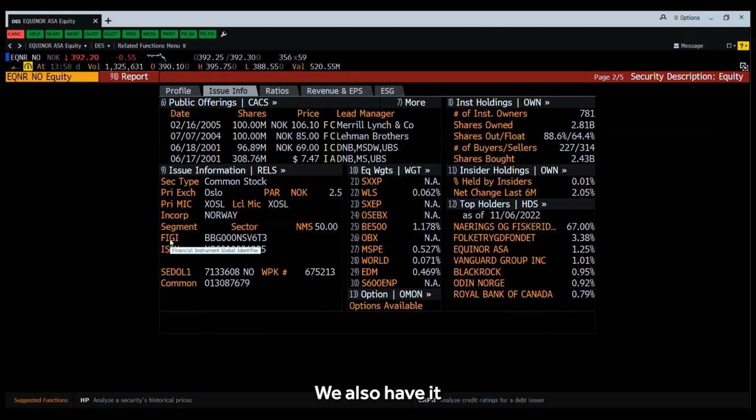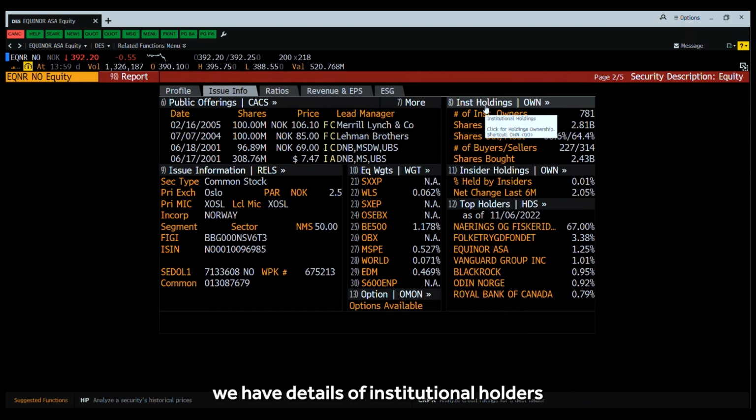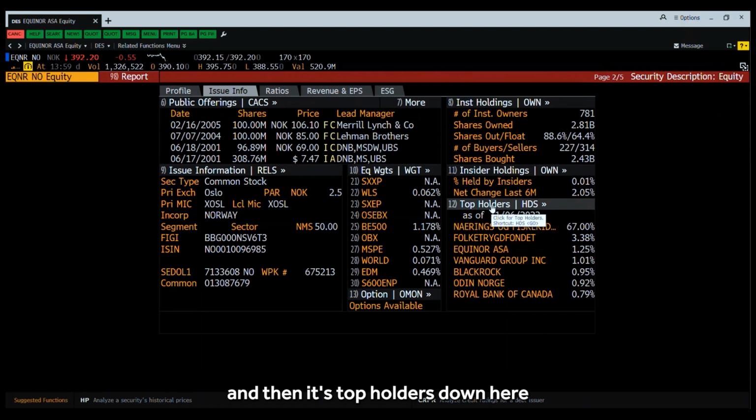We also have its shares' FIGI here. Up here we have the most recent public offerings. And then over here we have details of institutional holders and then its top holders down here. In the middle, this panel here tells us which equity indices it is a member of and the weights that it forms in them.